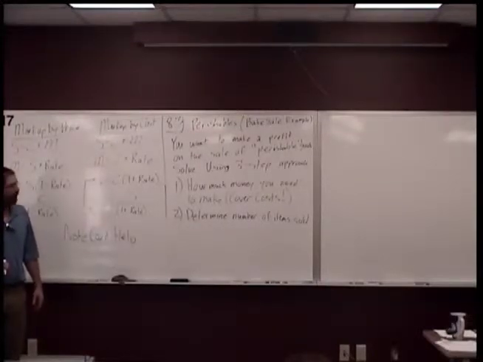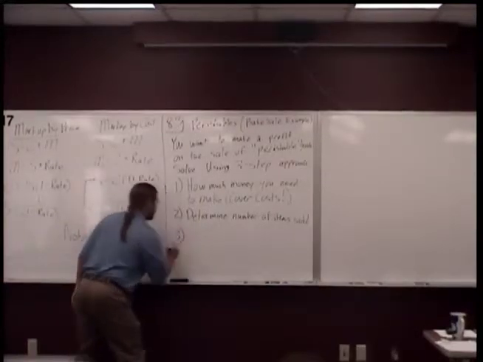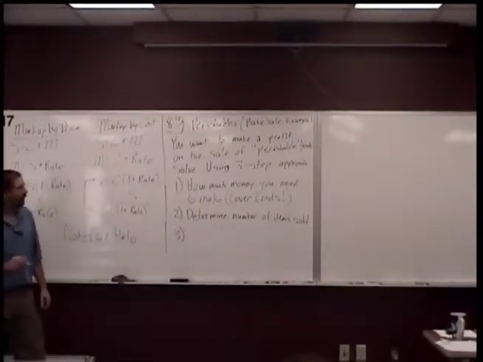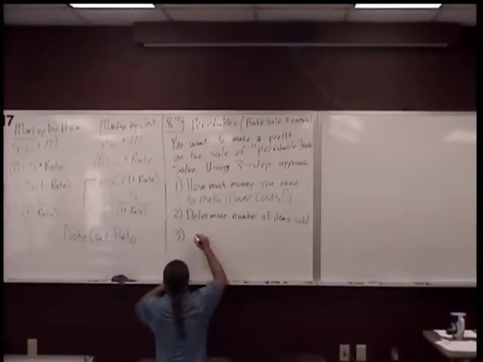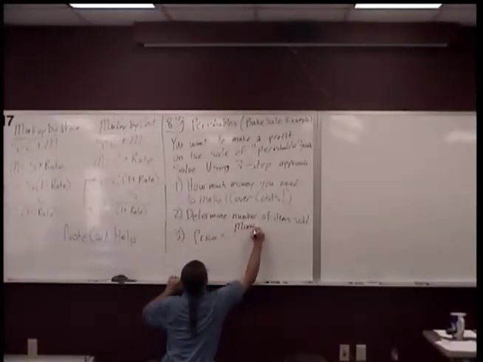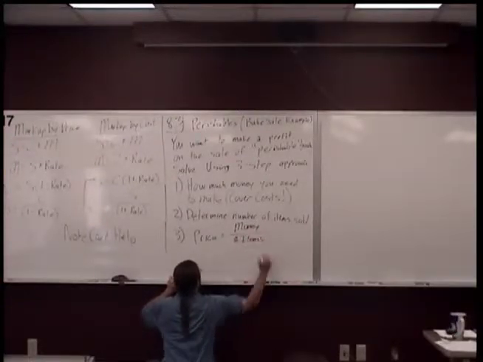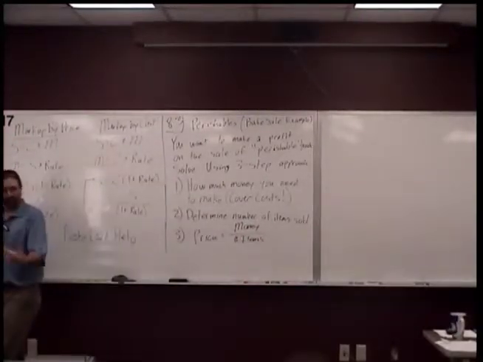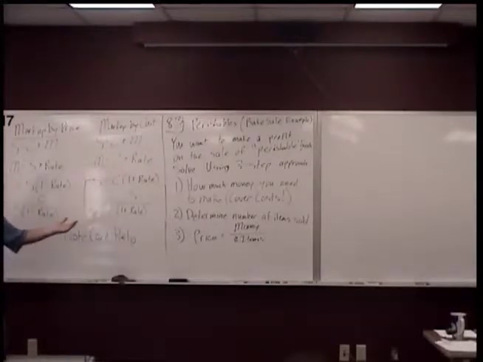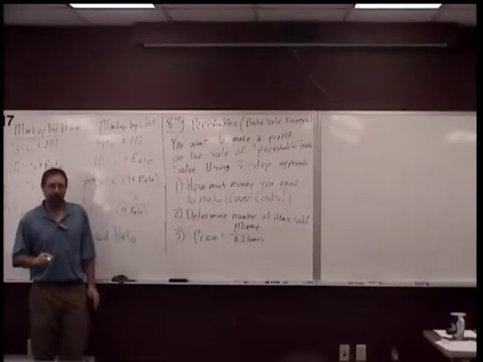Okay? And your last step is the easy step. The price for each of your cookies is going to be the amount of money you need divided by the total number of items that you're going to sell.